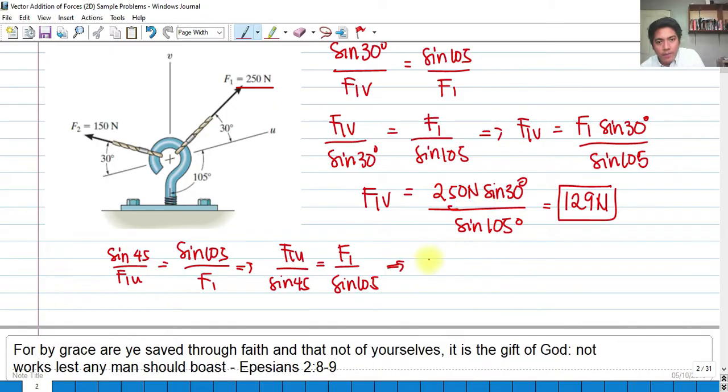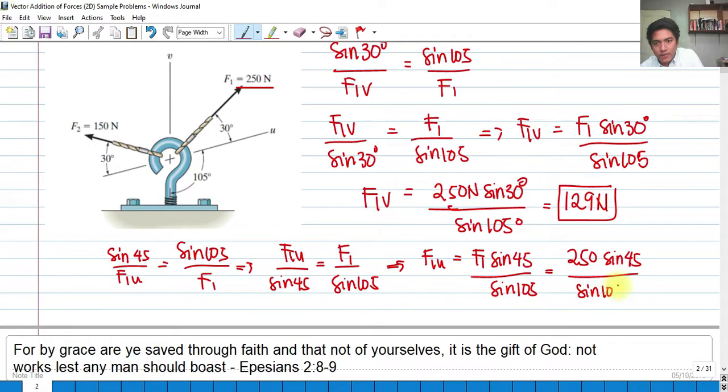So F1U would be F1 sine 45 over sine 105. F1 again is 250 newtons, sine of 45 over sine 105.